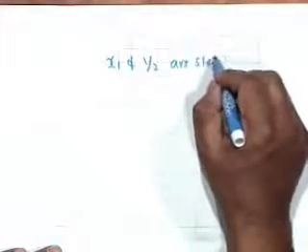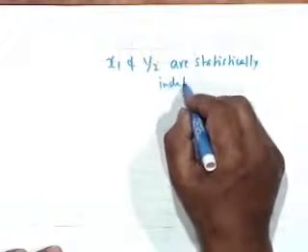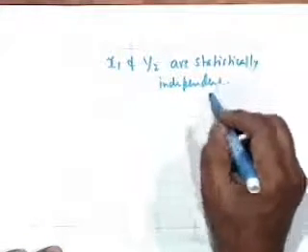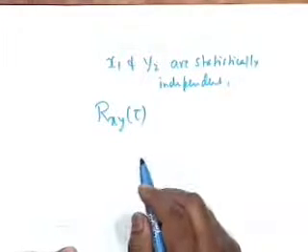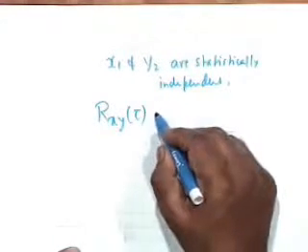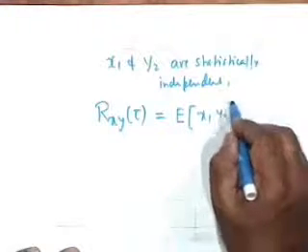Now, if x1 and y2 are statistically independent, then obviously Rxy of tau would be equal to the expected value of x1 y2.